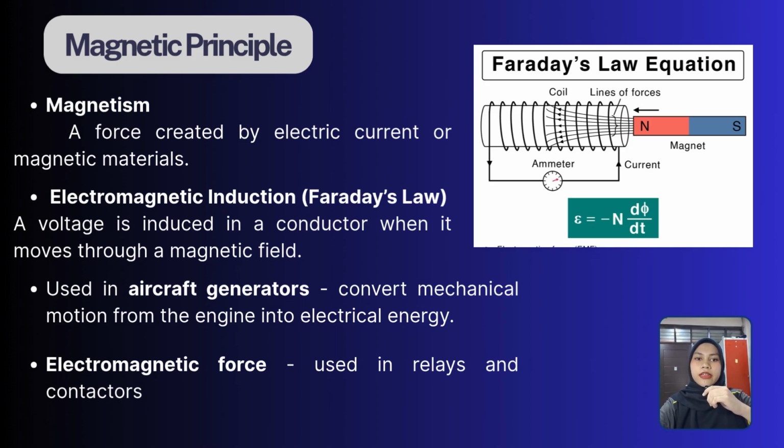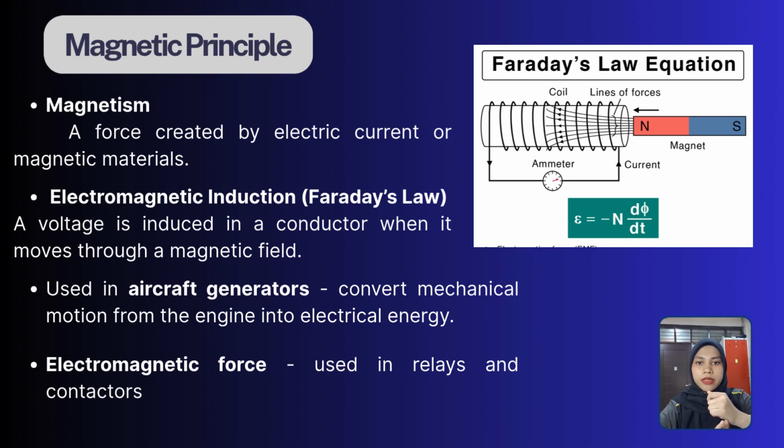For the next slide, I will explain about the magnetic principles. So the magnetic principles are centered around magnetism and electromagnetic induction. The magnetism is a force generated by moving electric charges or magnetic materials. It is used in instruments like the magnetic compass.